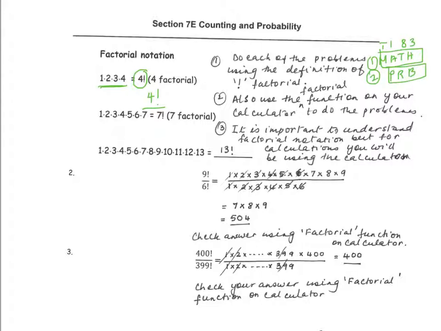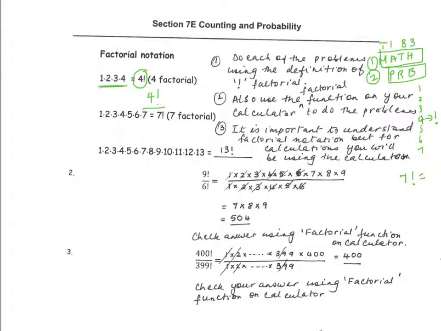Once you hit PRB, you'll see a menu with 1, 2, 3, 4, 5, 6, 7. The fourth one contains the factorial notation. So if you want to figure out, for example, 7 factorial, enter 7 on the screen, go to math, probability, fourth option, which is factorial, select that, and you get 7 factorial on your screen. Hit the enter button, and you get whatever the answer is.